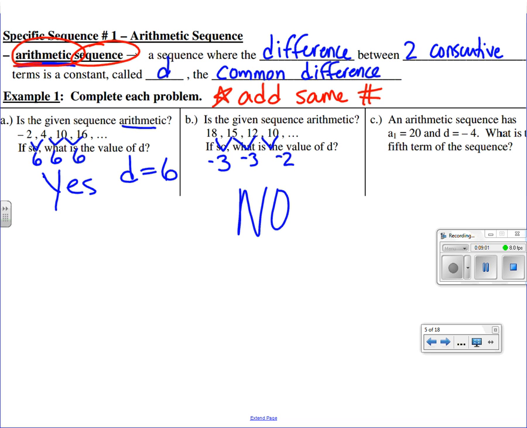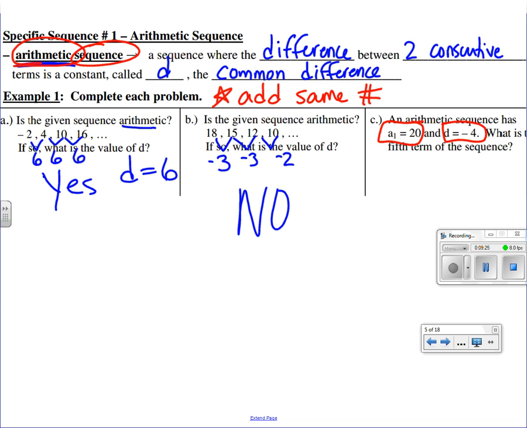Okay? All right, and our last example right here. An arithmetic sequence has A1 equals 20 and D equals negative 4. What is the fifth term of the sequence? What does A1 equals 20 mean? Very good. First number is 20. What does D equals negative 4 mean? You're going down 4.